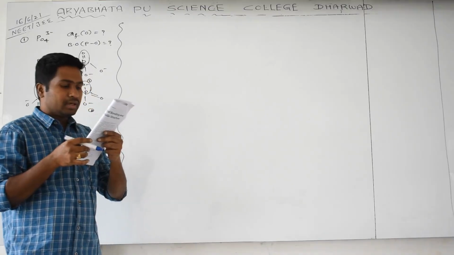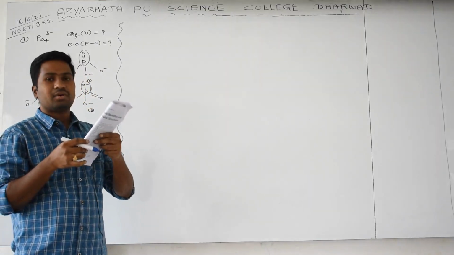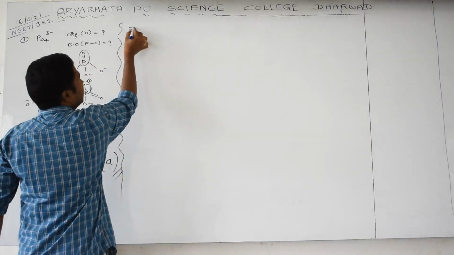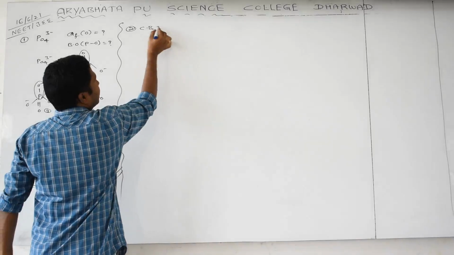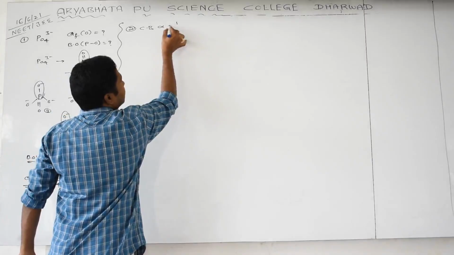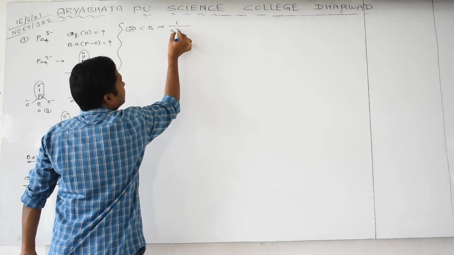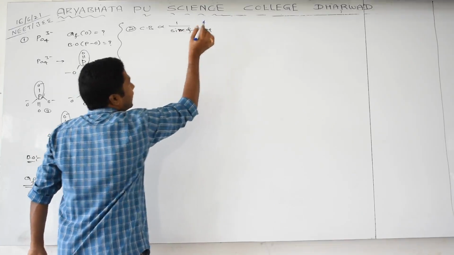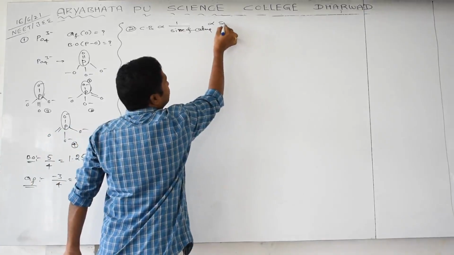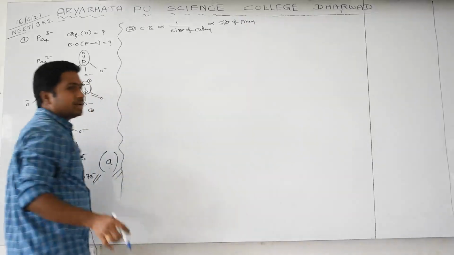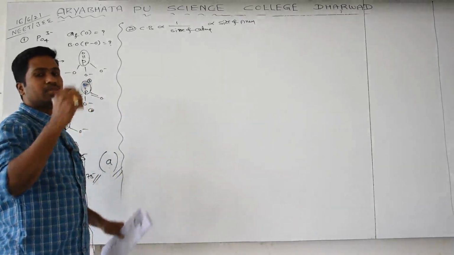Among the following, the covalent bond character follows the order. I told you very clearly, in the second question, that covalent character is inversely proportional to the size of the cation and directly proportional to the size of the anion. The cation should be small and the anion should be big.